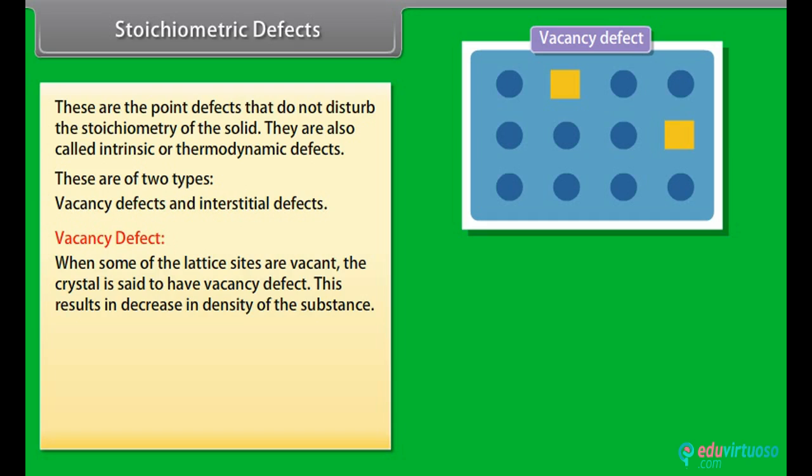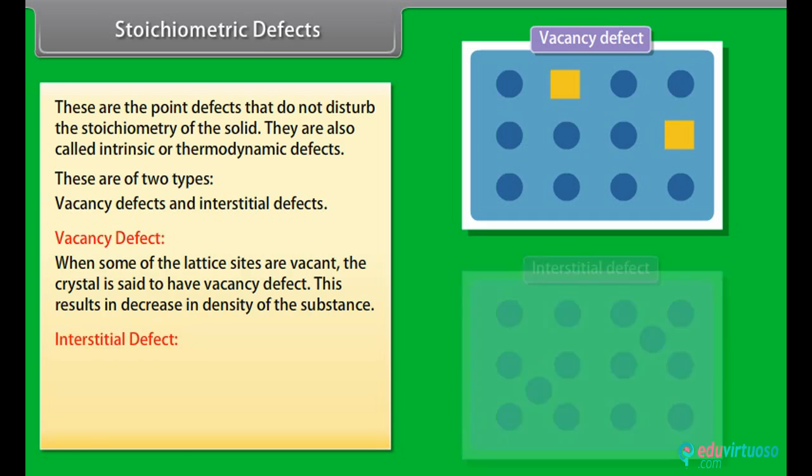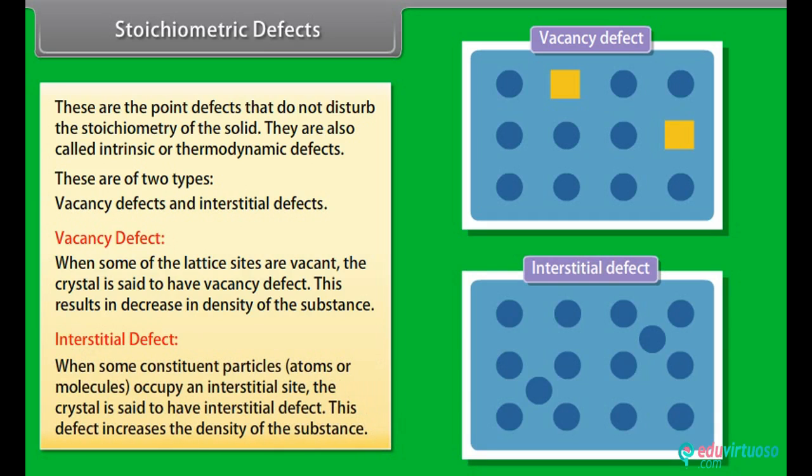This results in a decrease in density of the substance. 2. Interstitial defect. When some constituent particles, atoms or molecules, occupy an interstitial site, the crystal is said to have an interstitial defect. This defect increases the density of the substance.